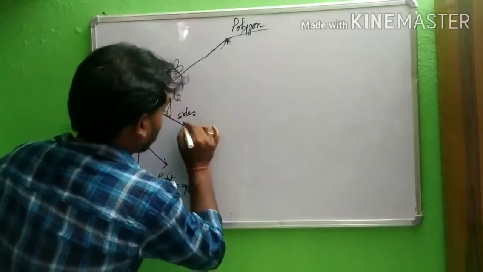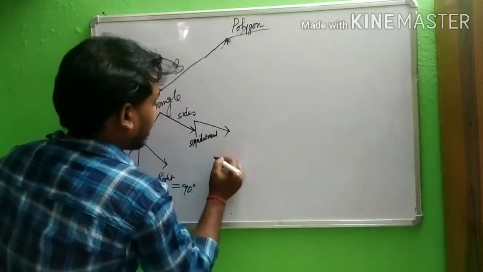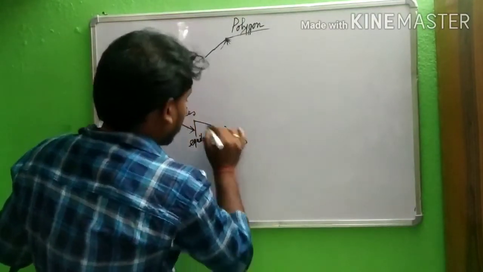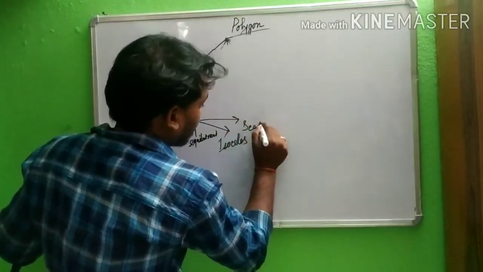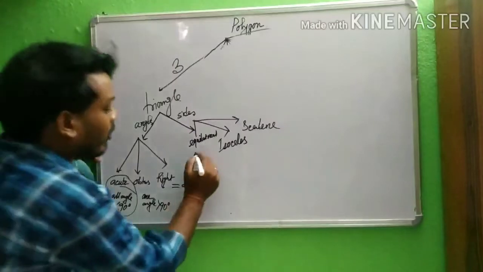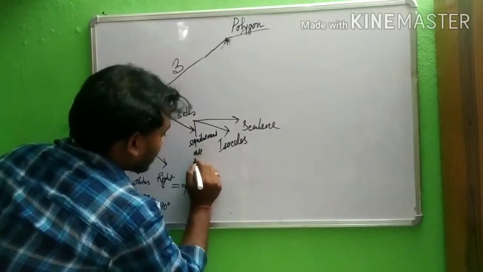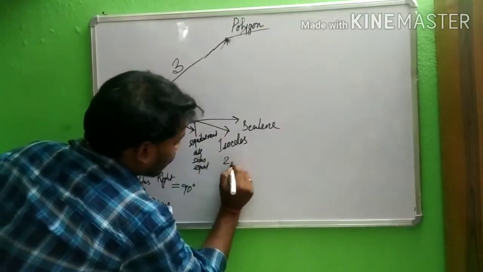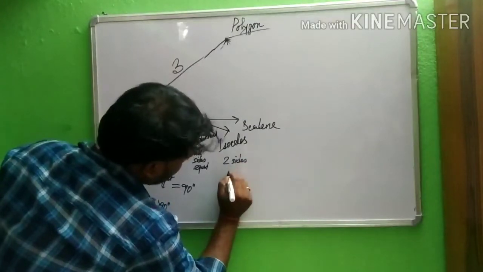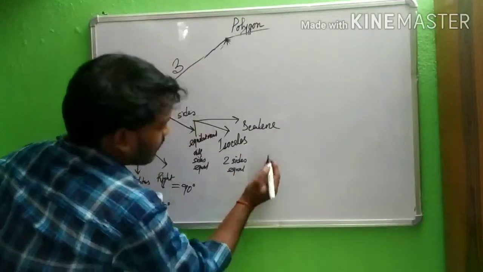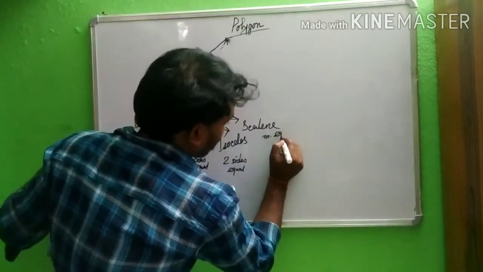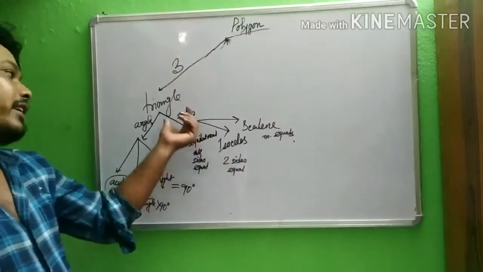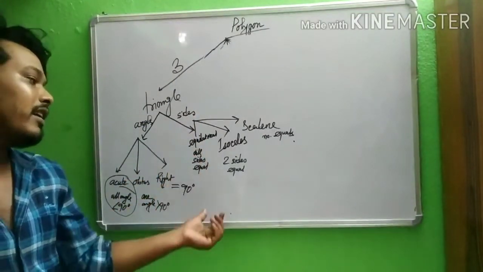According to sides, first equilateral triangle. Second, isosceles triangle. Third, scalene triangle. Equilateral: all sides equal. Isosceles: two sides equal. Scalene: no equal sides. So an equilateral triangle is a triangle whose all sides are equal.